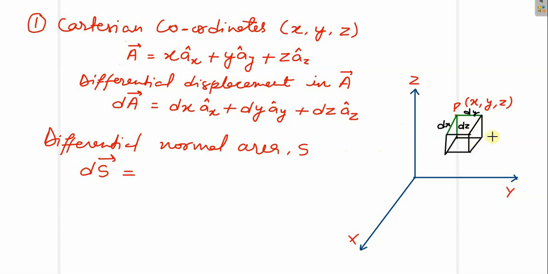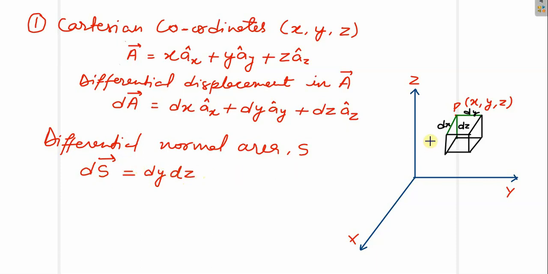If I take any of the sides, the area of any side can be represented as length and breadth. So if I represent any of the sides, the three unique sides are given by dy dz. And the direction vector will be the normal to this surface.